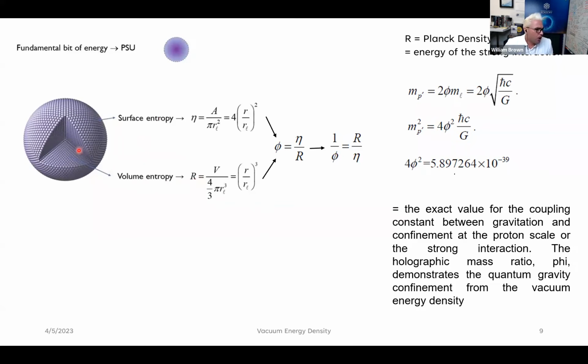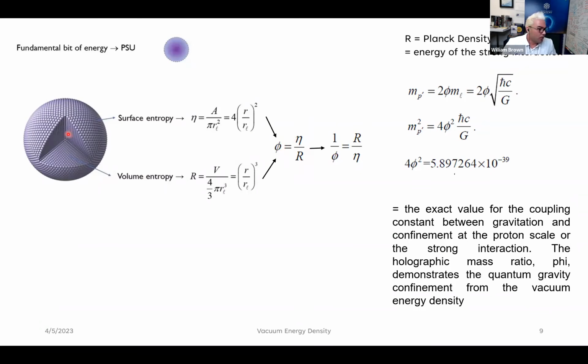Now, the holographic ratio between the surface entropy, the value of those Planck spherical units packed along the surface, overlapping along the surface. And so the holographic ratio between that and the volume entropy, and entropy in this case also means information, like a Shannon entropy. That gives you this holographic ratio. This is a universal constant, phi here.